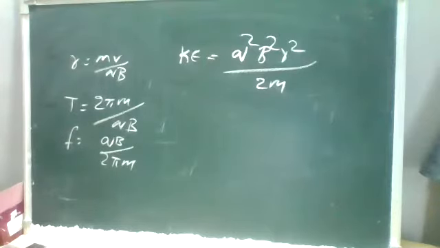A cyclotron's oscillator frequency is 10 megahertz.